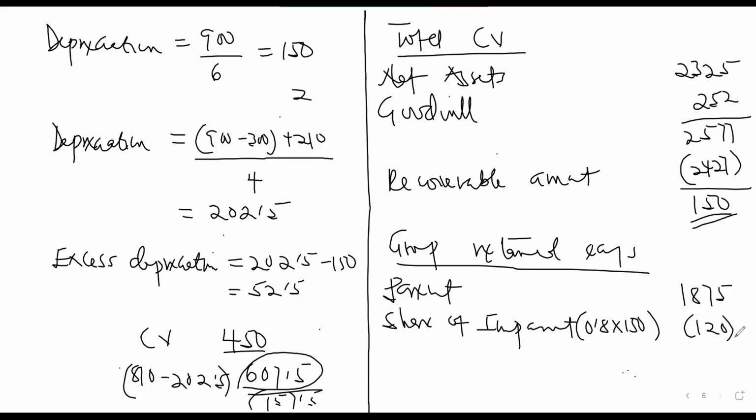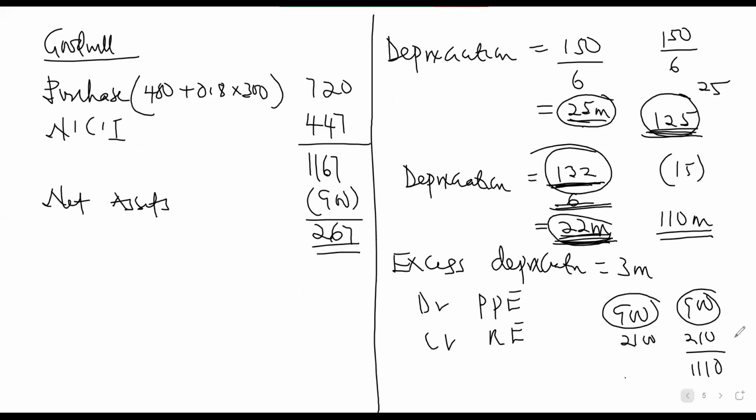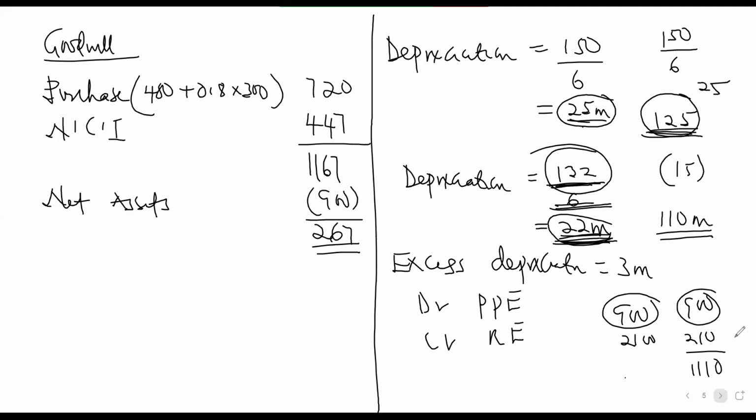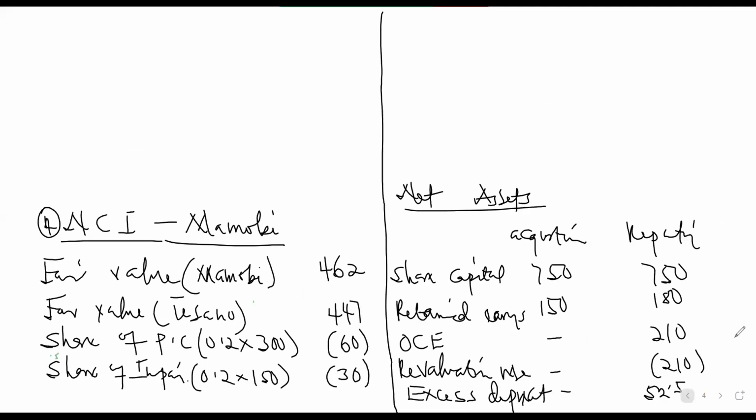So we now look at share of post-acquisition profits. Let's now determine our post-acquisition profit for each of these people. So the net asset at acquisition over here is 900. What will be the net asset at reporting?